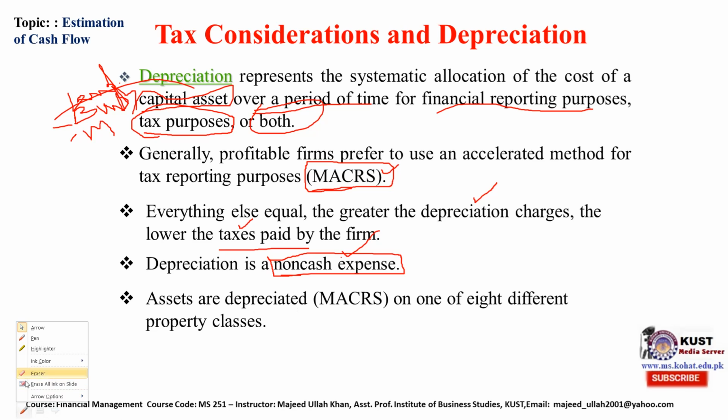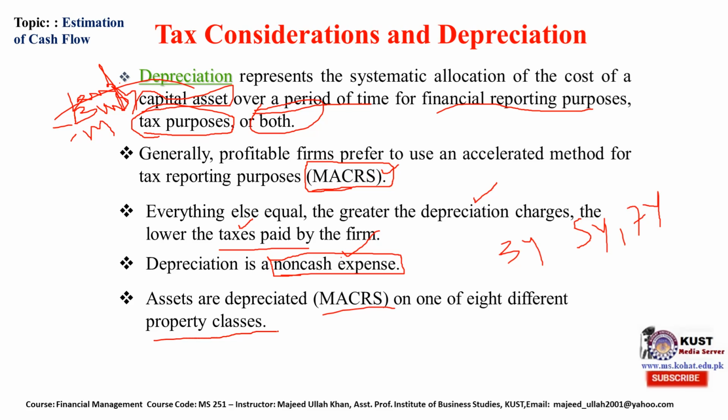For example, the table will tell you that this asset falls in the 3-year asset class, or the 5-year or 7-year property class, in the modified accelerated method.